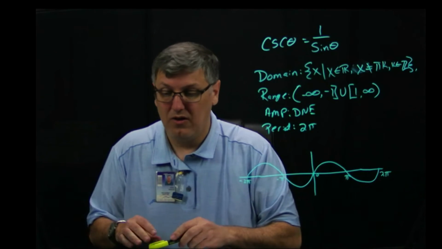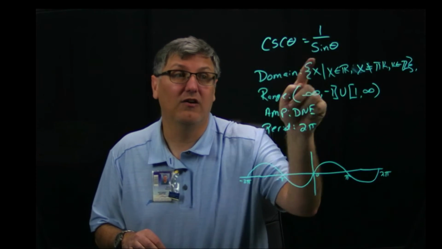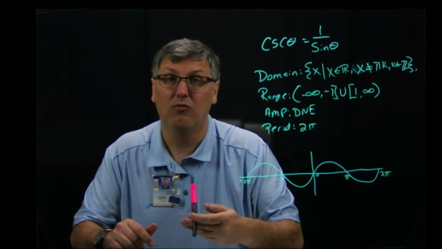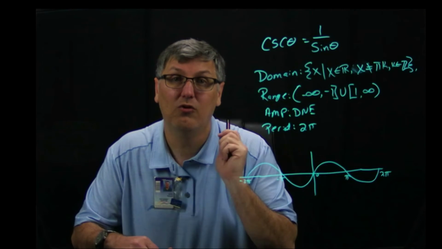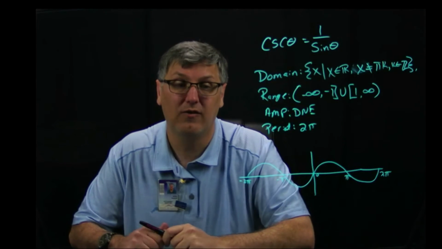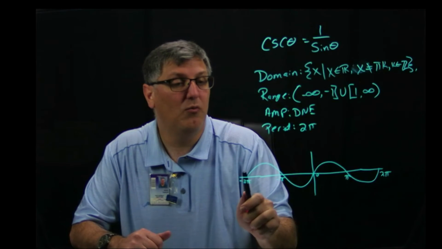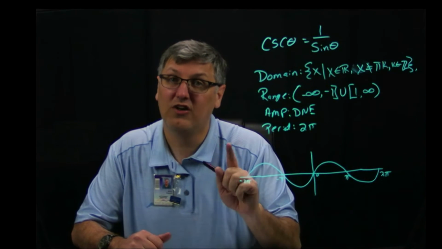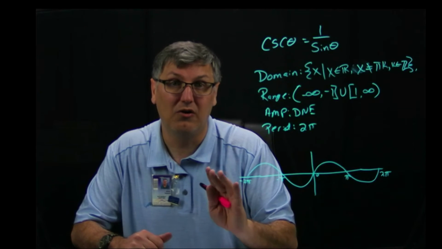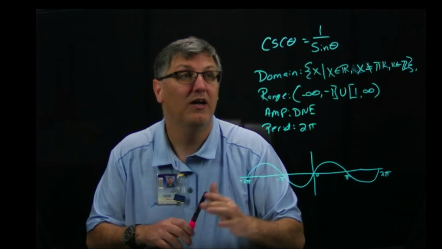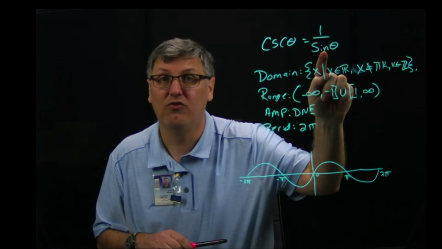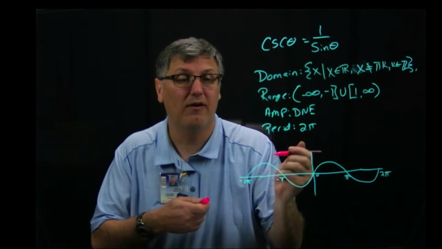Now, we're graphing cosecant, not sine, but I drew sine in. Well, the reason why I did that is I'm going to use this to help me graph cosecant. Because everywhere this graph of sine touches the x-axis, is where it's 0, is going to be a vertical asymptote. Because that's going to make this value right here 0. We cannot have 0 in the denominator of a fraction.